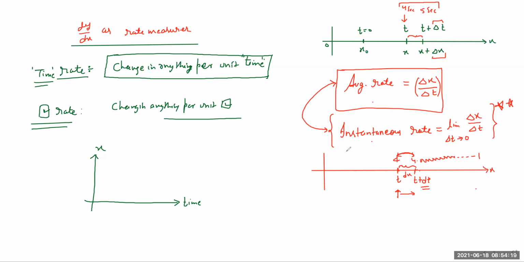So how can we write it in another form? Yeah, I will tell you. Limit. So the instantaneous rate of a variable, you can name it any variable, maybe x, is defined as delta x by delta t, limit delta t tends to zero.